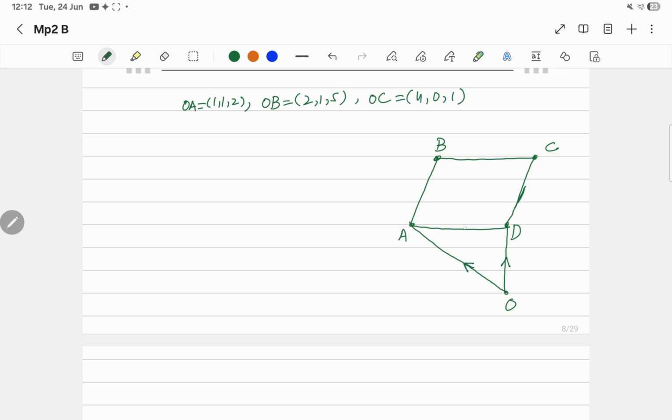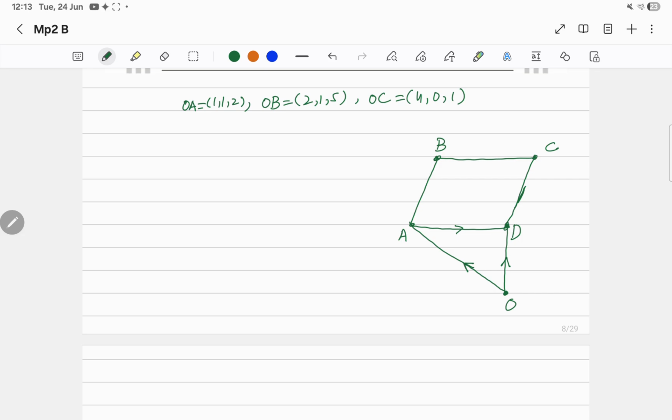If we consider the vector AD, we'll get the vector OD by the triangle law of addition, because this is the tail of the vector, this is the initial point, and this is the terminal point. So you go this path and then from here to here to get OD.